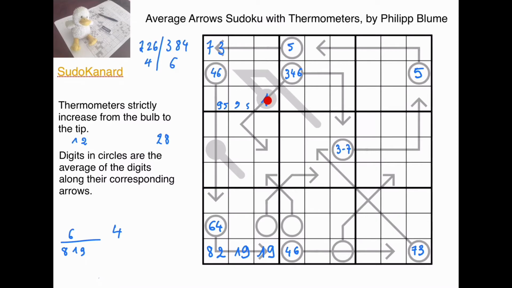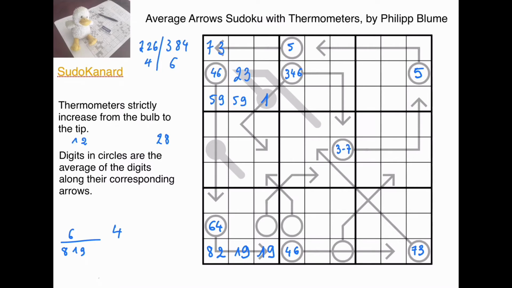Well, obviously 1 is not a big restriction on this. But this is a 5-9 pair. And let's have a look at this thermo. This is at most 9, 8, 7, 6. And 6 is not available, 5 is not available, 4 is not available, so it has to be 2 or 3.